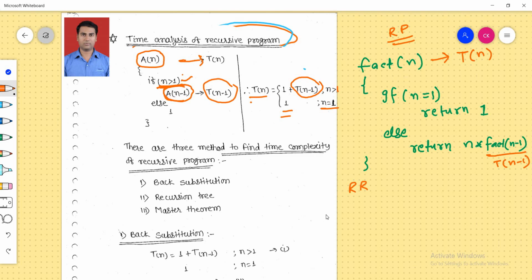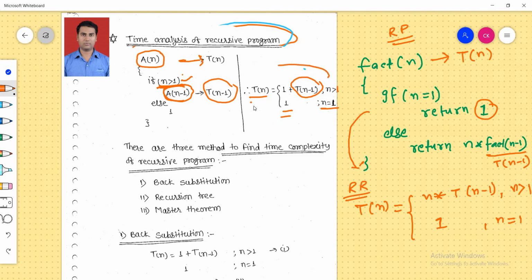So the recurrence relation is T of n is equal to n into T of n minus 1 for n greater than 1, and T of n is equal to 1 for n equal to 1. So this is the recurrence relation for this recursive program.